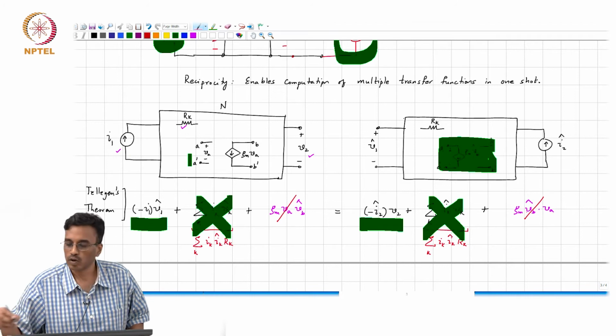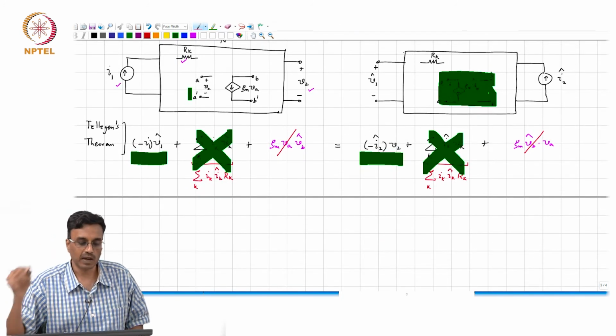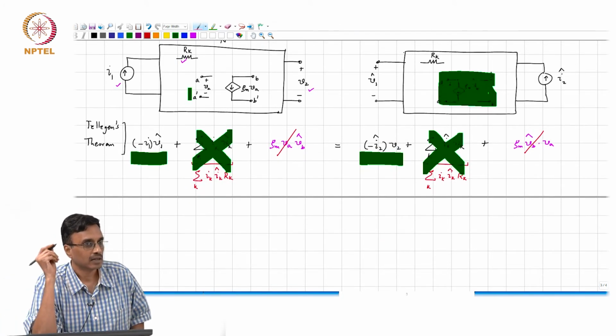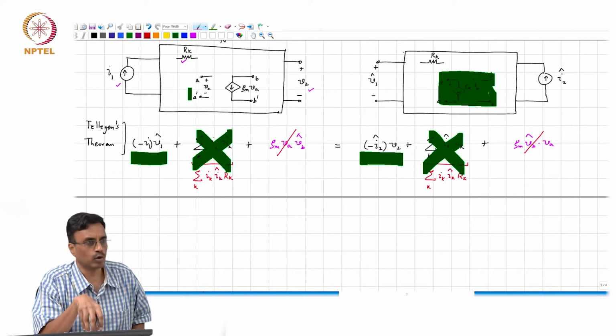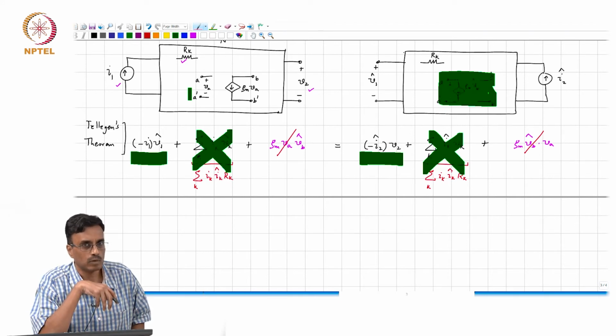Okay. So basically, this means that we have an original network with some controlled source inside.